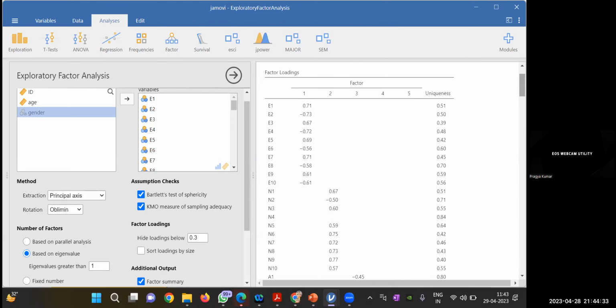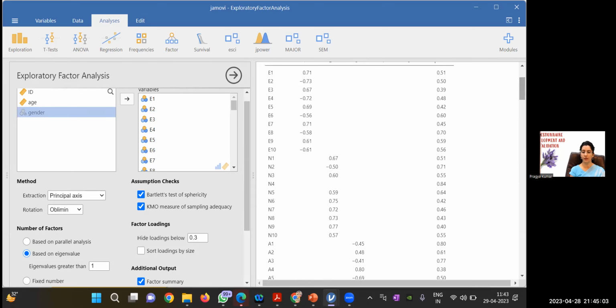Yes. It's less than 0.4. Less than what? Okay. So here you can see the error is more than 60%. So what should you do with this?